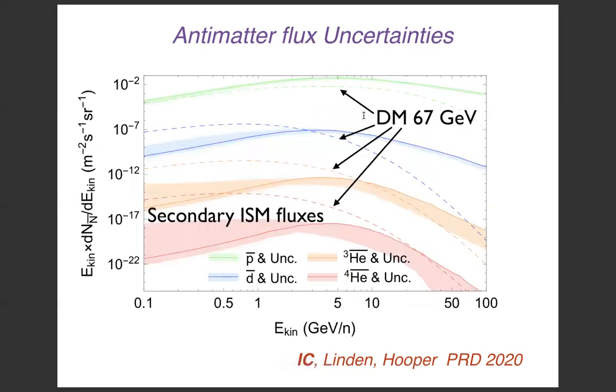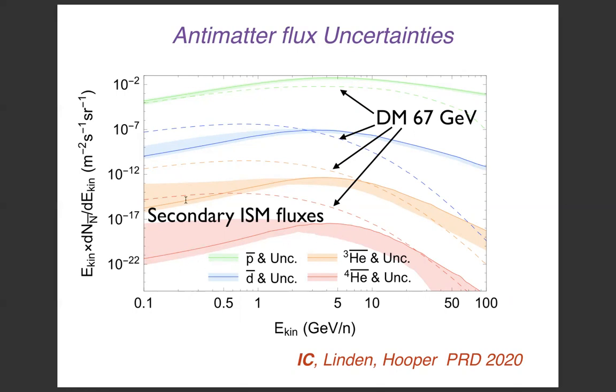And we can repeat that for multiple particles. Here I show the spectra, in the solid lines and bands, of secondary interstellar medium fluxes for antiprotons, for antideuterons, for antihelium-3 and antihelium-4.